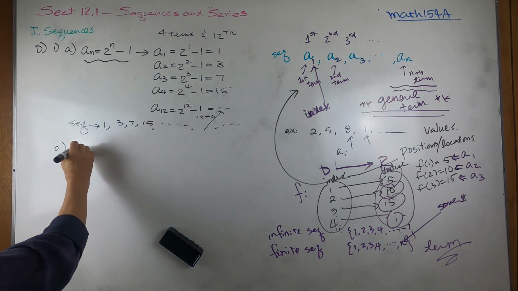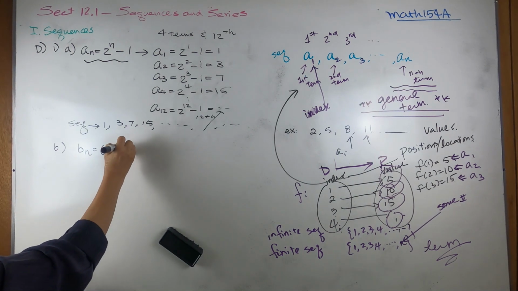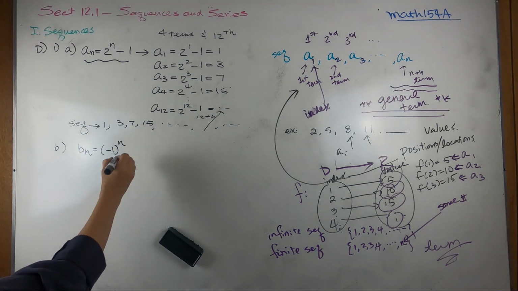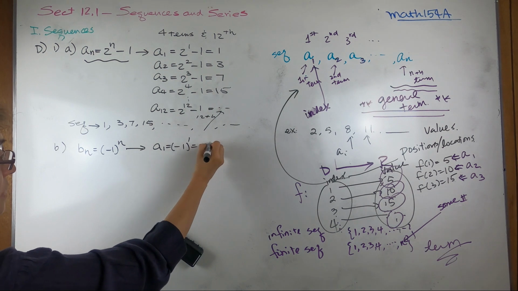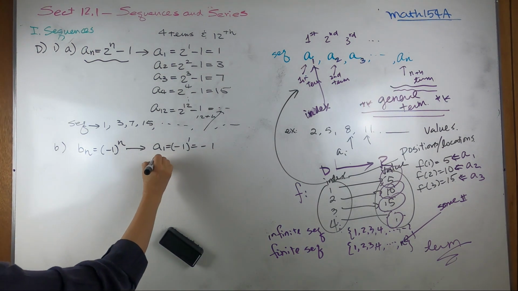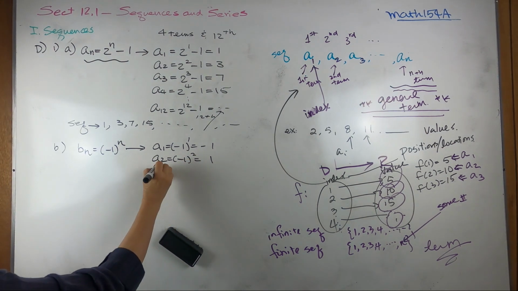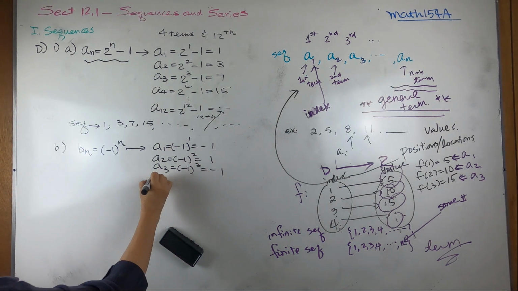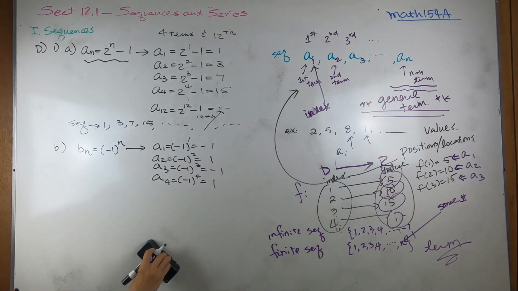Okay, if we tell you my pattern is this one, that means what? A1 is -1 to the 1st power, that would be -1, right? A2 would be -1 twice, would be positive. A3 would be three times, go back to negative. A4 would be what? 4th time, come back to positive again, right?